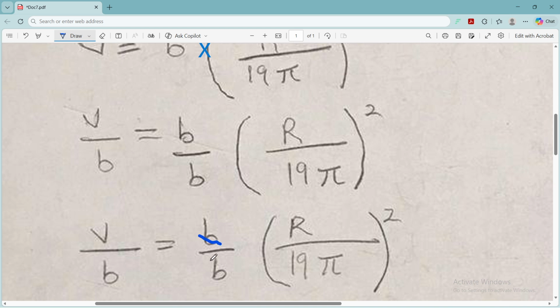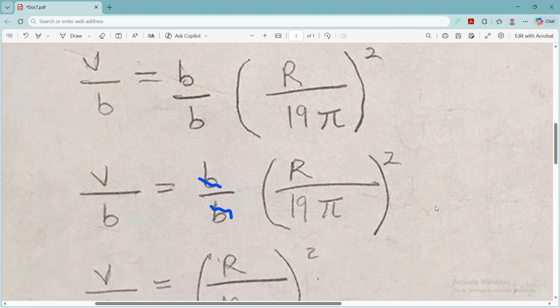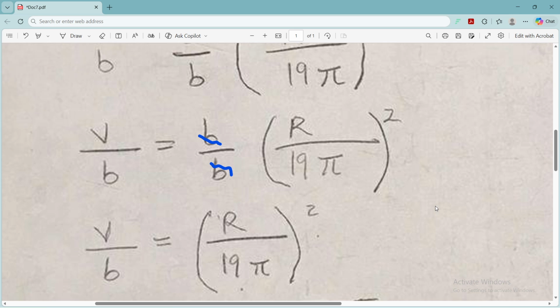B will also cancel itself out here. So we are going to have our new equation to be the fraction V over B equals, in brackets, the fraction R divided by 90 pi, bracket close square, right?